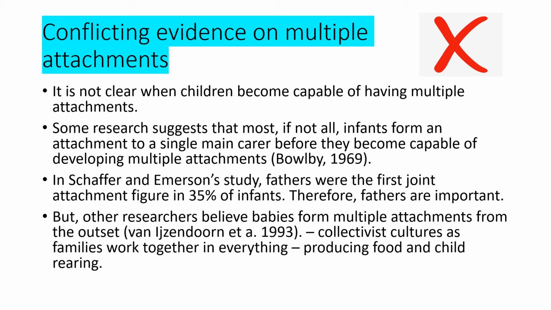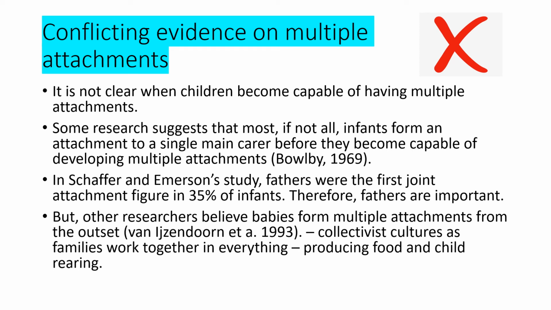So it's not exactly clear when children become capable of having these multiple attachments. Some research suggests that most, if not all, infants form an attachment to a single main carer before they become capable of developing multiple attachments. So that's what Bowlby argues. But in Schaffer and Emerson's study, fathers were first joint attachment figure in 35% of infants.